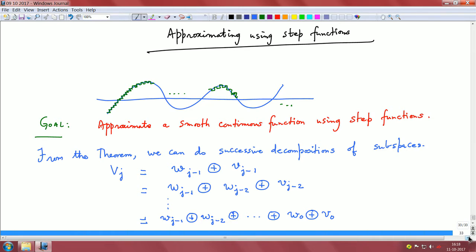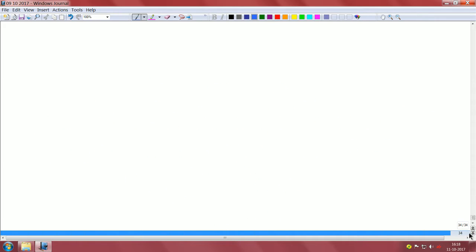So what this means is each function f in Vj can be decomposed uniquely as a sum of functions which belong in the space Wj minus 1, Wj minus 2, so on and so forth, right. So that is the meaning of this decomposition.